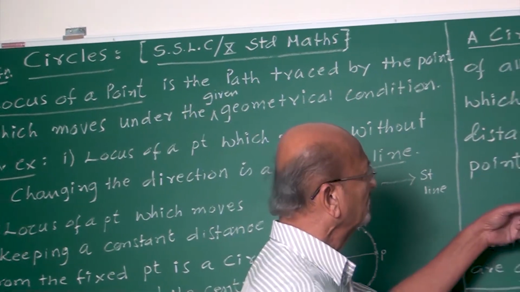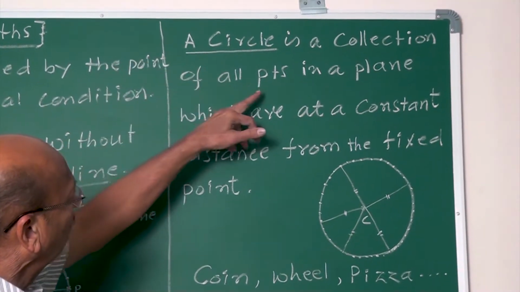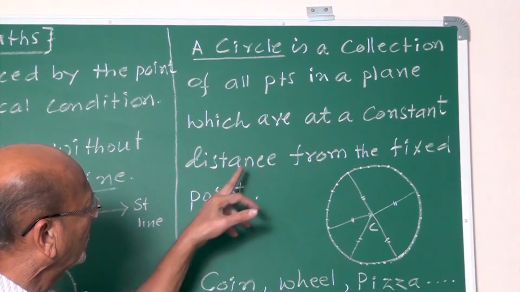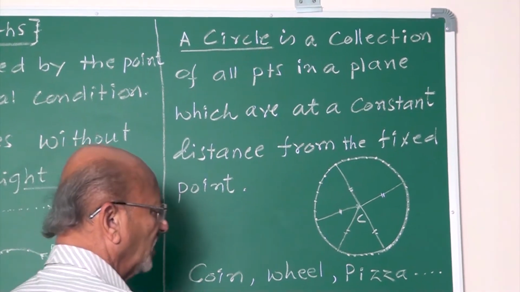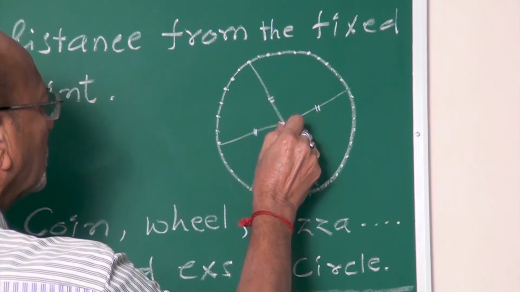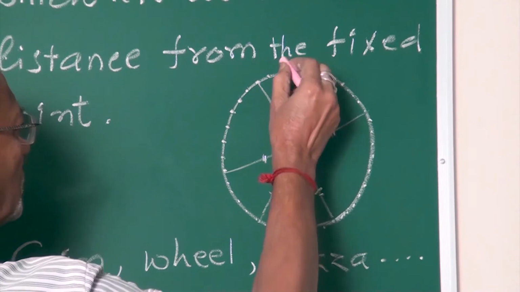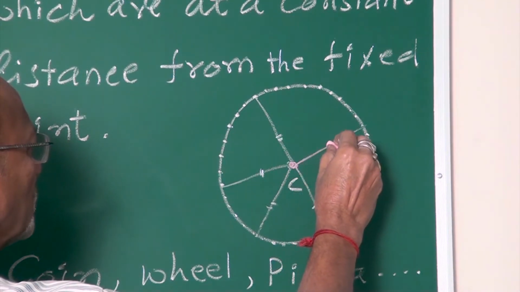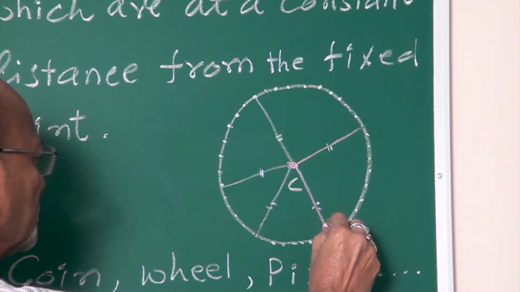This is the definition of a circle. A circle is a collection of all points on a plane which are at a constant distance from the fixed point C. This is the fixed point, and these are the points which move keeping a constant distance from it. This distance is constant.